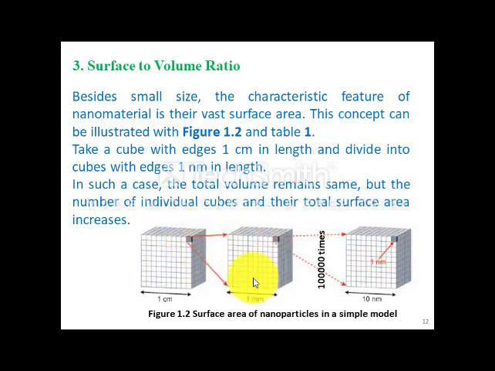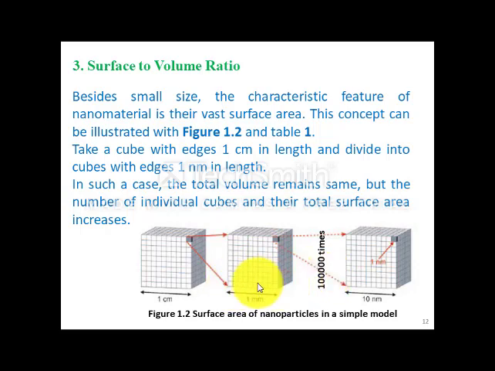Now if we take 1 cube of 1 millimeter and divide it further, we know that a centimeter can be divided into millimeters, a millimeter can be divided into micrometers, and a micrometer can be divided into nanometers. So we need to divide this cube 1 lakh times.